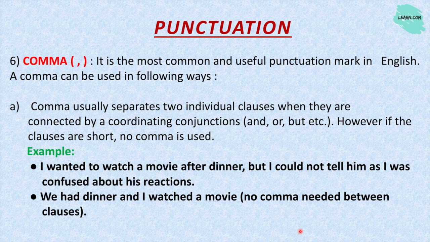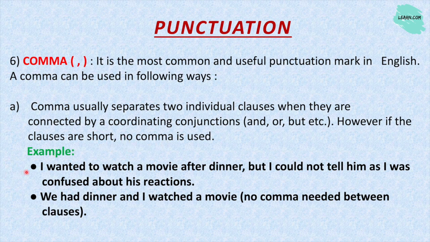Now let's take up the cases of how these commas are used. So first case, comma usually separates two individual clauses when they are connected by coordinating conjunctions and, or, but, etc. However, if the clauses are short, no comma is used.